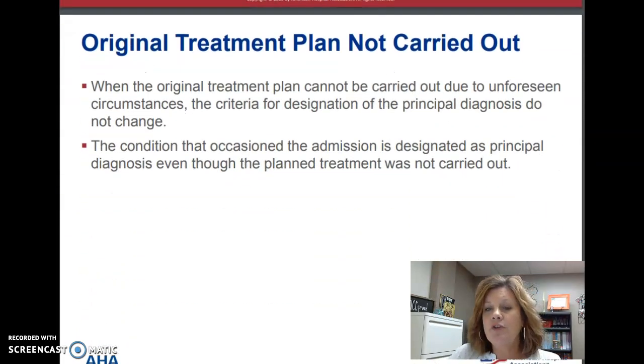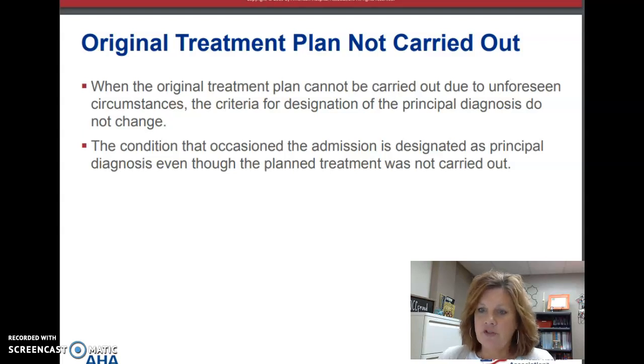When you have an original treatment that wasn't carried out, okay, the criteria for designation of the principal diagnosis does not change. So let's just say that I went in and I was supposed to have a hysterectomy. While I was on the table, I went into cardiac arrest. Okay, they didn't do my hysterectomy.